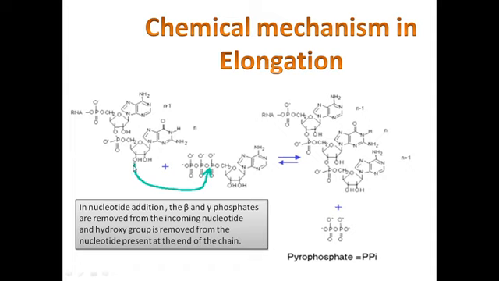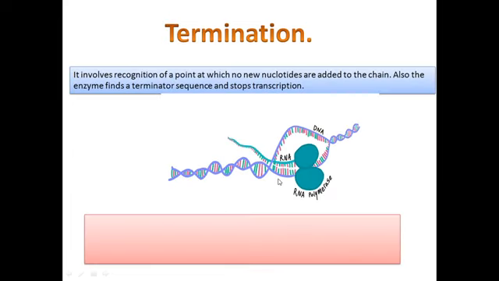Now what happens, this oxygen makes a bond with the alpha phosphate here, and as a result these 2 phosphates, that is beta and gamma phosphates, are removed, which we call pyrophosphate, and also this O is removed from this and we have the 3' 5' phosphodiester bond formed.